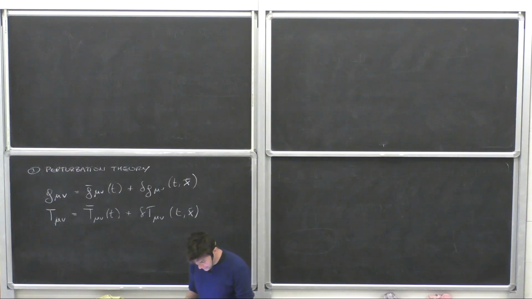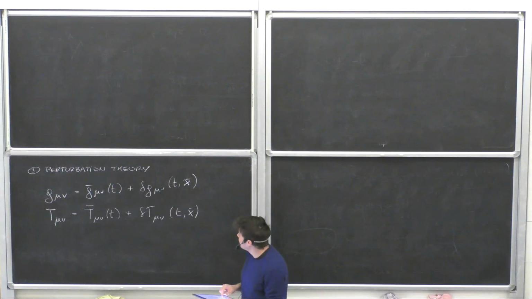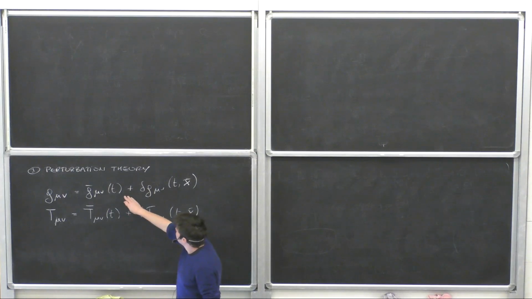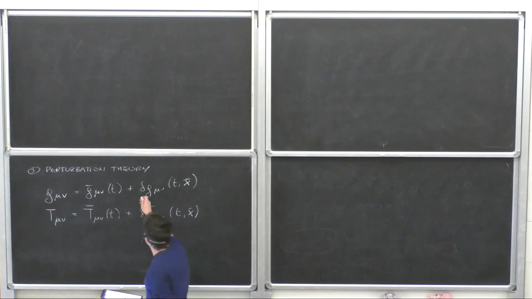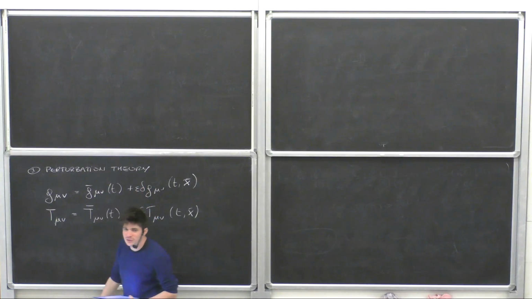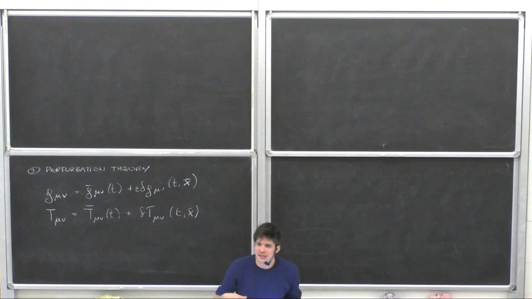Now, there's one technicality here that we basically said, okay, this perturbation is small. The problem is that we haven't really specified small with respect to what. So this is a formal problem in perturbation theory in GR in general. We typically just invent a smallness parameter, and we say this is multiplied by some parameter which is small.